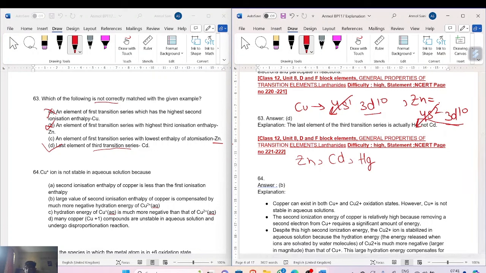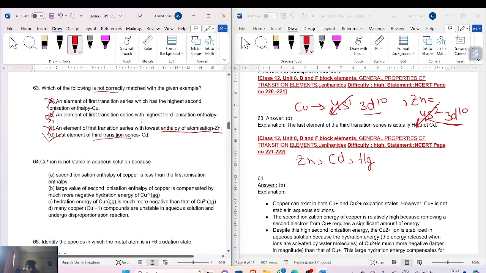When there is no unpaired electron, there will be less metallic strength, so we can easily break it down into atoms, and this enthalpy is known as enthalpy of atomization. So there will be low enthalpy of atomization for zinc. So this option is also correct, but we have to find the incorrect option here. So that comes to question number 64.